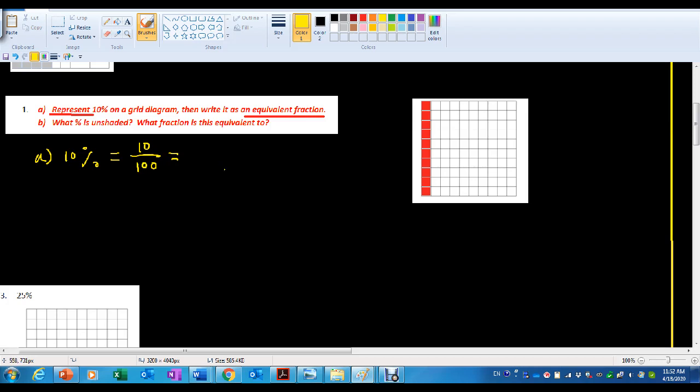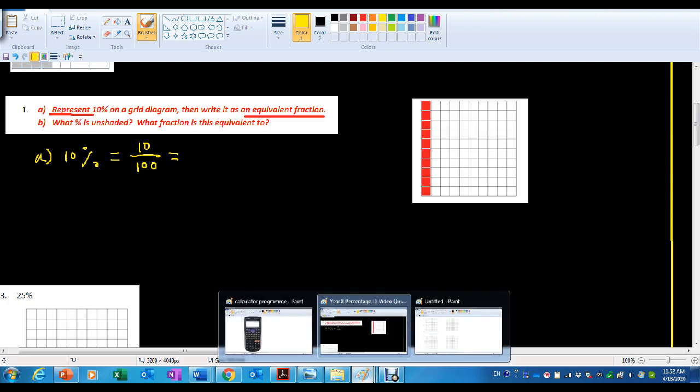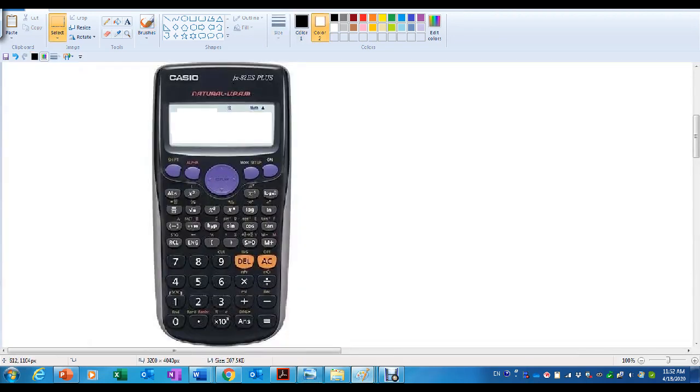So 10% means 10 out of 100. Can we simplify this? If you remember, you could use your calculator to help you simplify. Still remember how to do this? Let me show you. If you want to simplify 10 out of 100, what are you going to do?